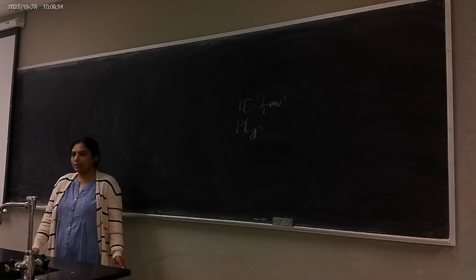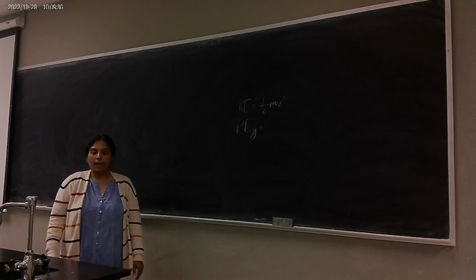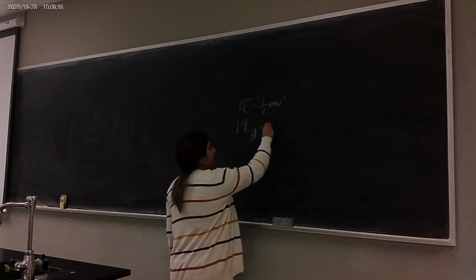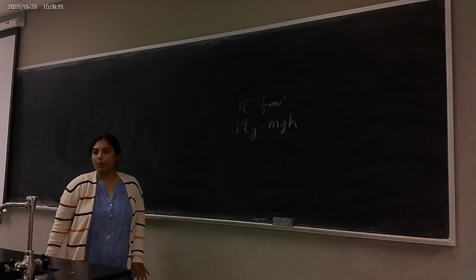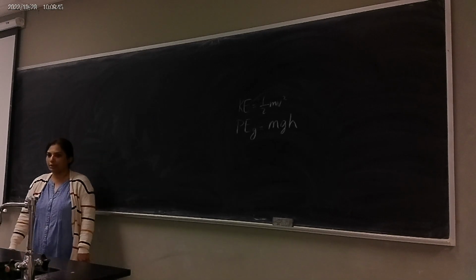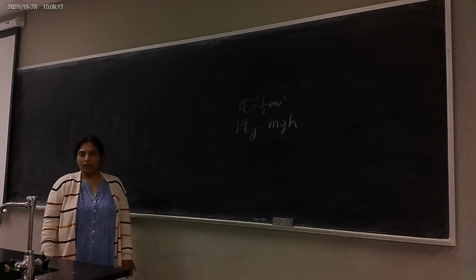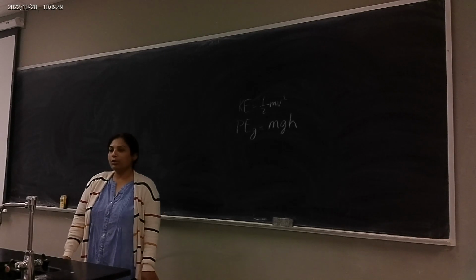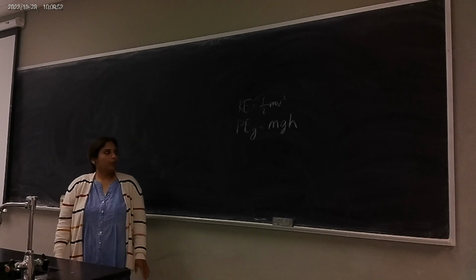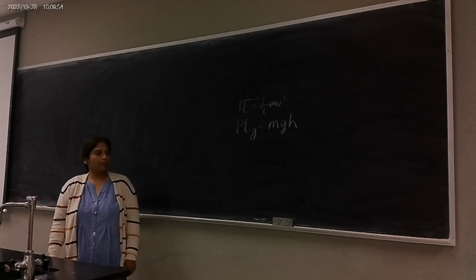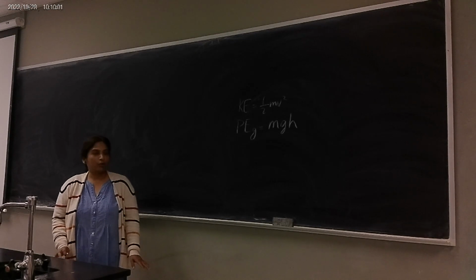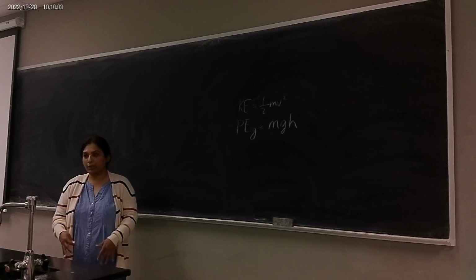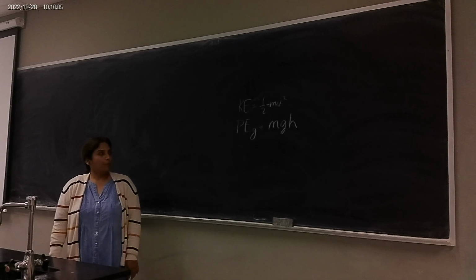When the object is under the effect of gravity, this is equal to mgh. That's the formula for gravitational potential energy. There are other kinds. We will do one more kind in addition to gravitational potential energy, but that is the introduction of potential energy, how it varies when the only force acting on the object is the gravitational force.